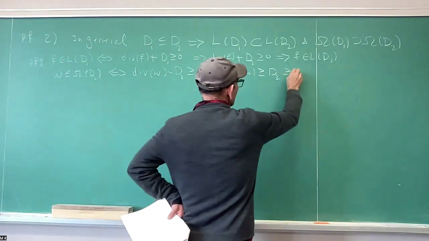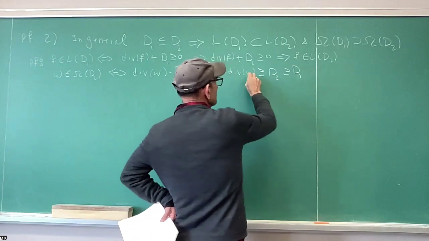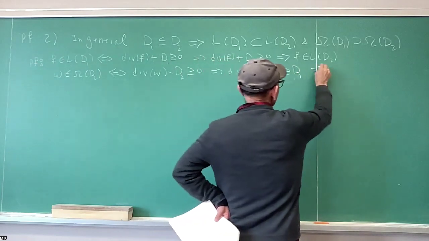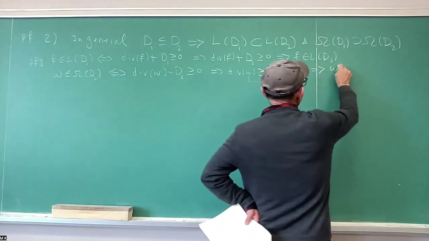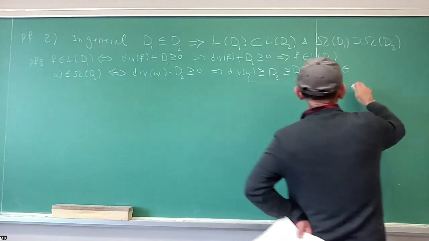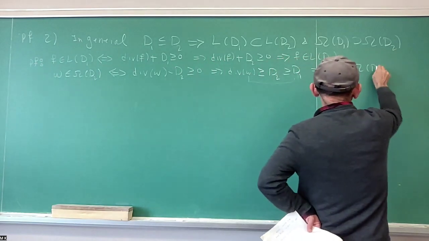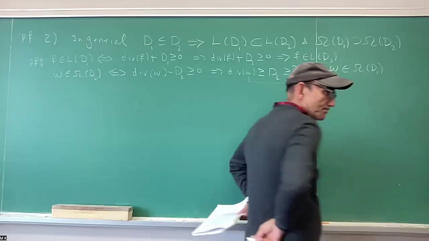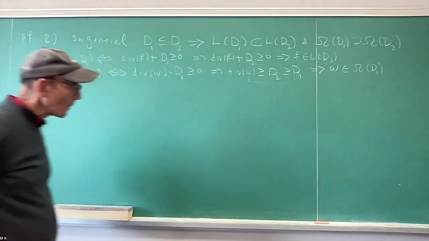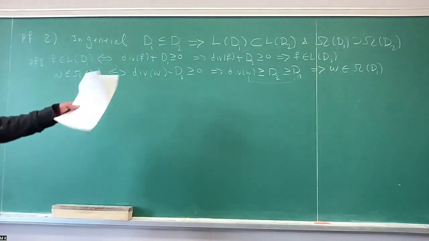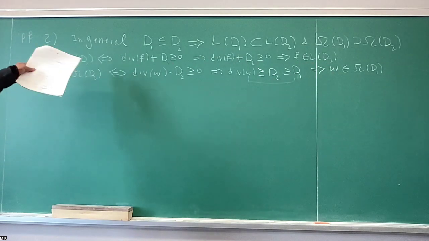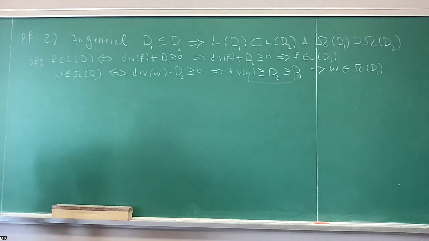If you take these two together, this implies that omega belongs to omega of D1. So I didn't do much, I just proved some small statement that we need.